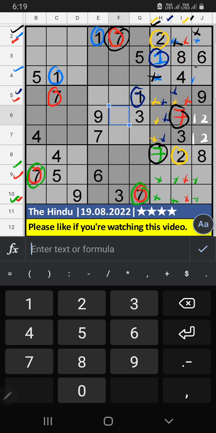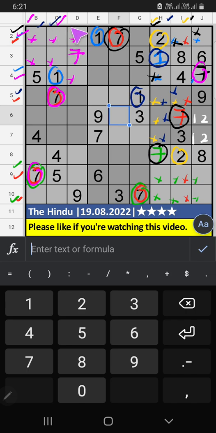Then 7 is confirmed here. Column B, column C, we have 7. Second row and fourth row also we have 7. So 7 can't come in these cells. The 7 is confirmed here.